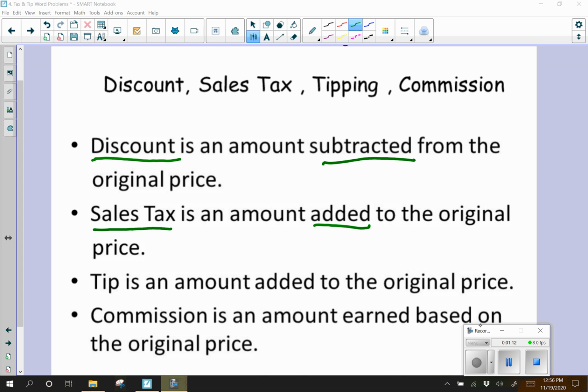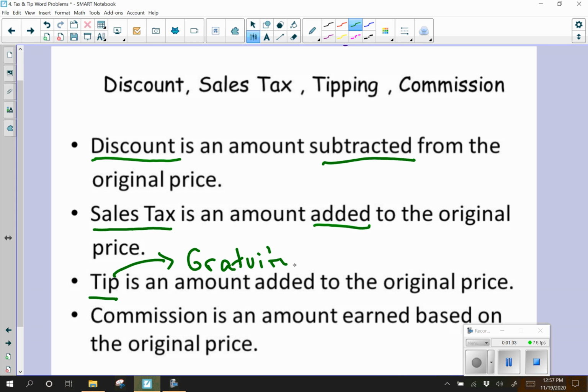Tip is what we do when we are in restaurants and we have a server, a waiter or waitress. We typically tip them after we eat our meal because they provided a service. Another word you might see for tip is what's called, and I'll write it right here, a gratuity.